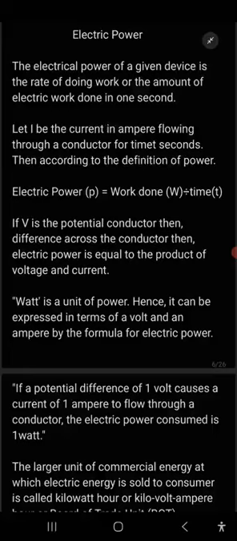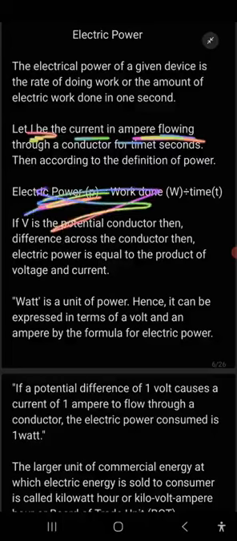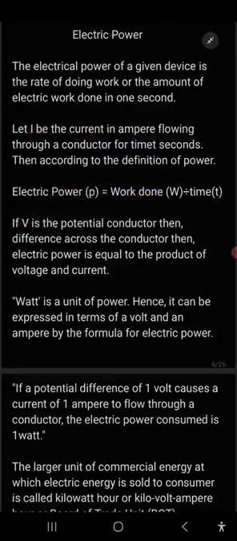I is the ampere of current flowing, so it defines the amount of current flowing. V is the potential difference across the conductor. What does that mean? Okay, I need to explain.